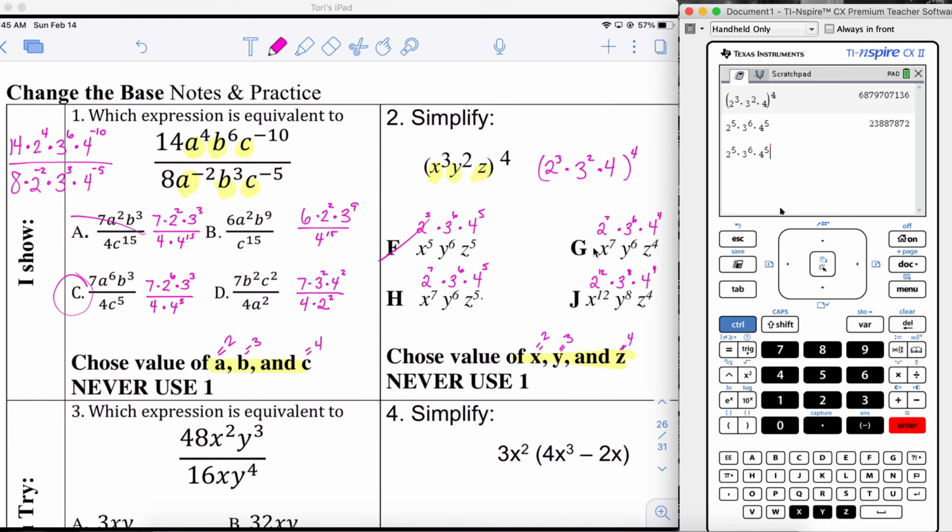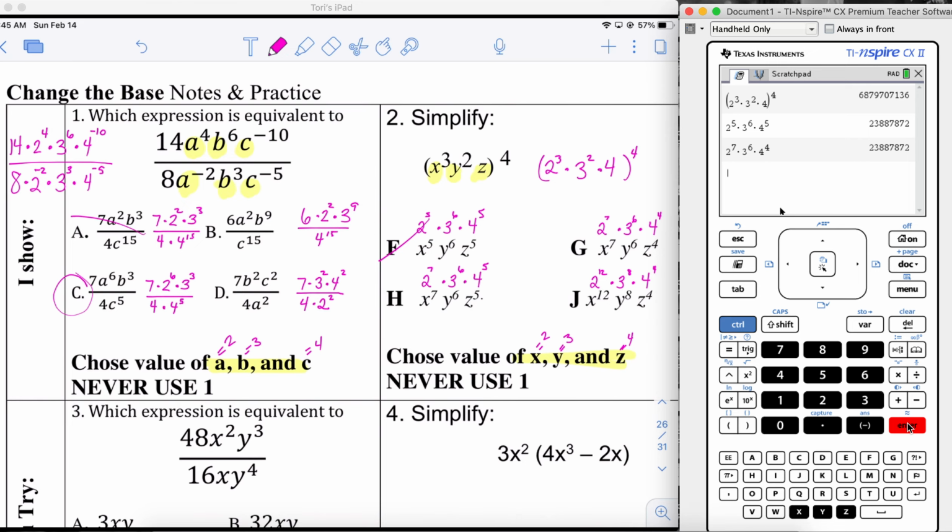Let's do G next. Okay, so if I go back here, my 5 is going to change to a 7. My 3 keeps the 6. My 4 is going to be raised to the 4th power. I'm checking my G option right here. Okay, press enter. All right, those two match.